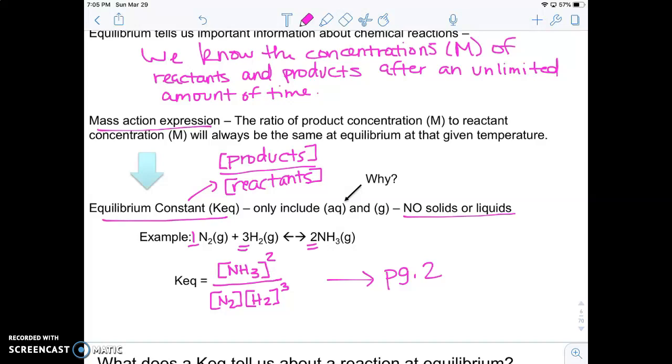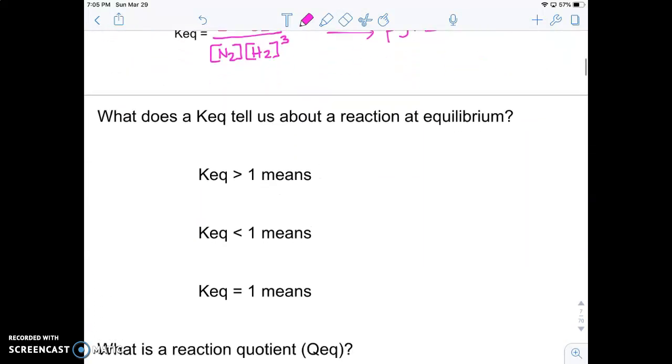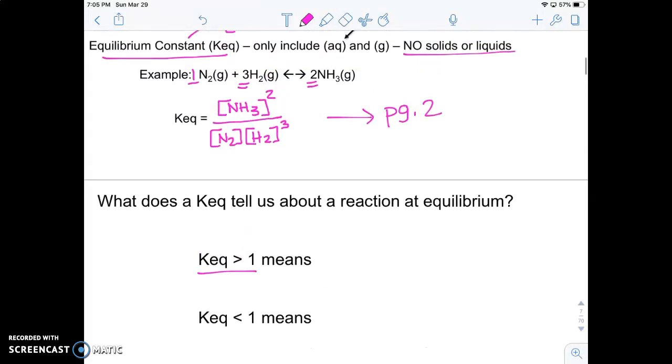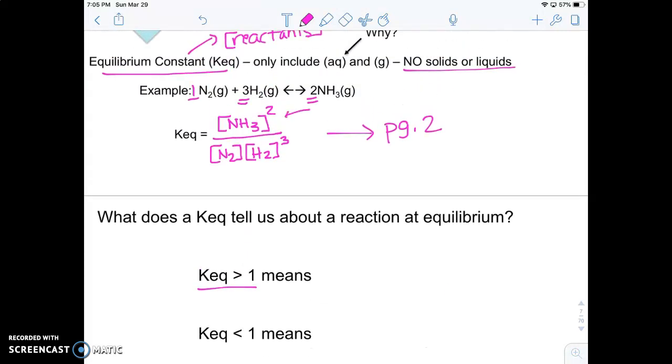Okay. Some things you should know when you're given a KEQ, like the actual numerical value: that can tell you something about the reaction without knowing anything else. If my KEQ is greater than 1, that means when I'm dividing, the top number is bigger than the bottom number. That's how I come up with a bigger number when I divide.